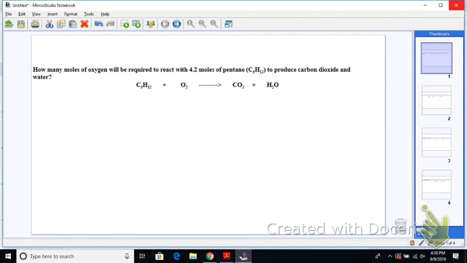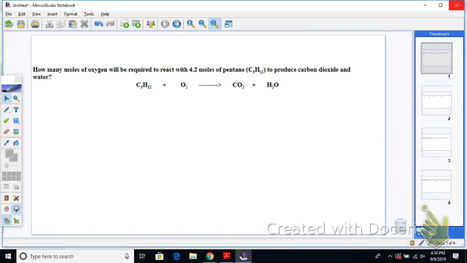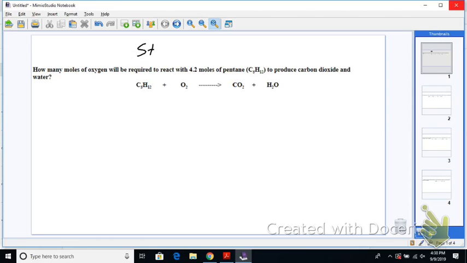Okay, this is an area we call stoichiometry, and stoichiometry is looking at either the mole relationship or mass relationship between reactants and products in a chemical equation. Okay, so we call this stoichiometry.